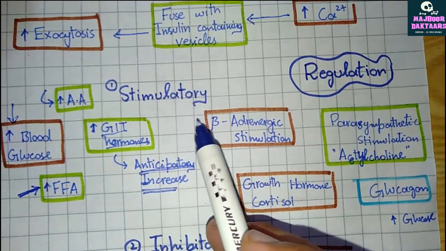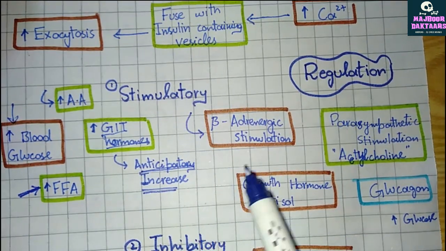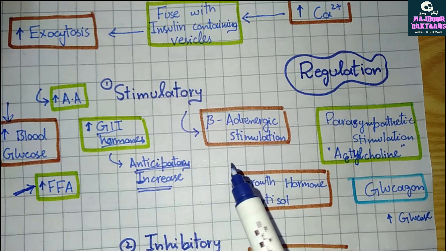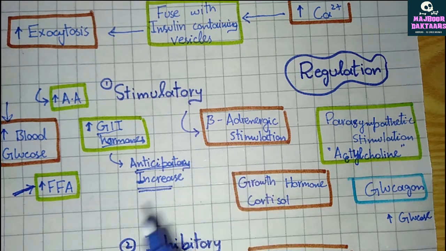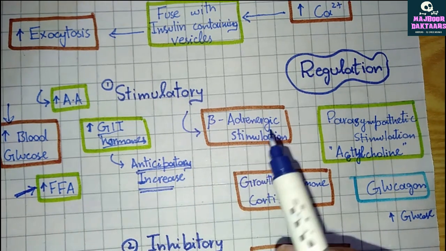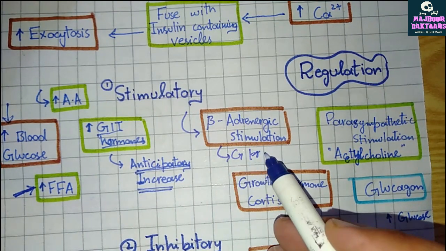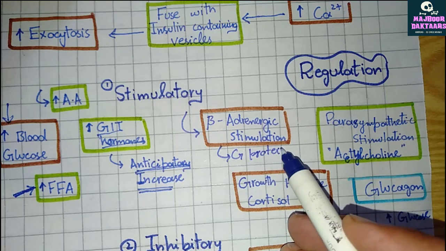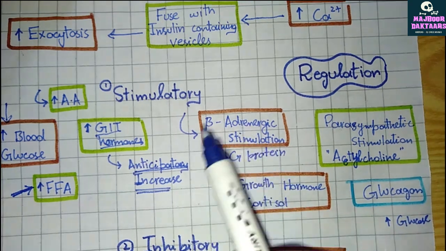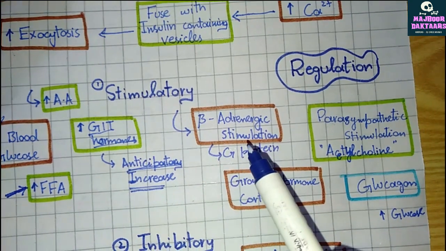Now beta adrenergic stimulation increases the insulin, working via G proteins, so they activate a cascade of enzyme reactions which increases the insulin action.